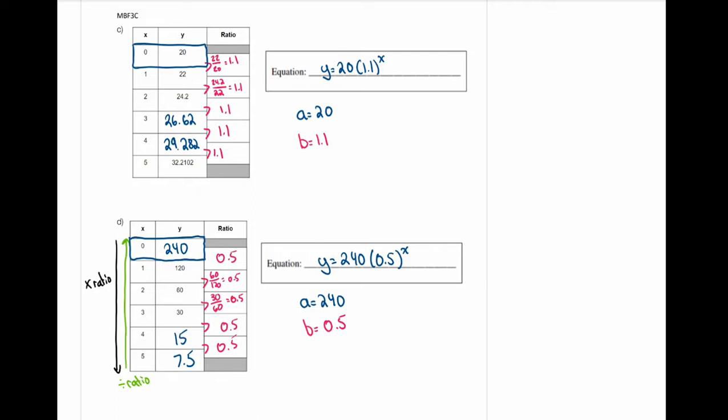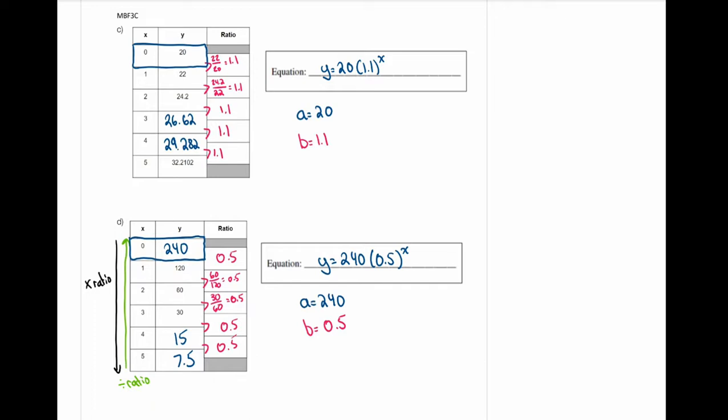From there, we should be able to fill in the rest of the table. Because we're going down, we could multiply each previous value by 1.1 to get the next value. We could double check that, going from the fourth value to the fifth one. If we multiplied 29.282 by 1.1, we should get 32.2102.